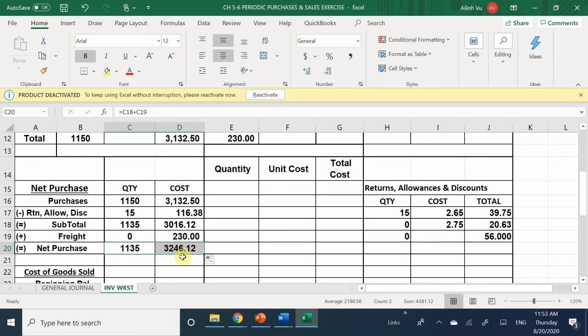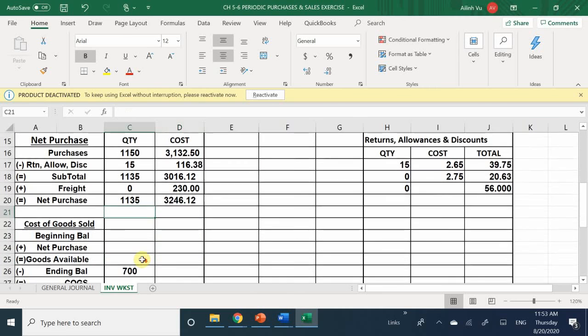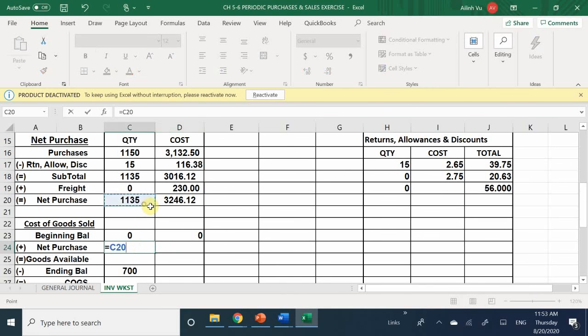3,246.12. No worries. Okay, so of course we have no beginning inventory, so that's going to be 0. So that means this number here is going to be pulled from the top, which in the end is going to equal the same amount.